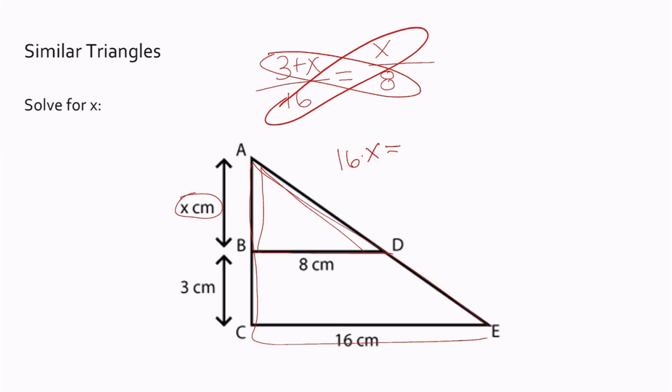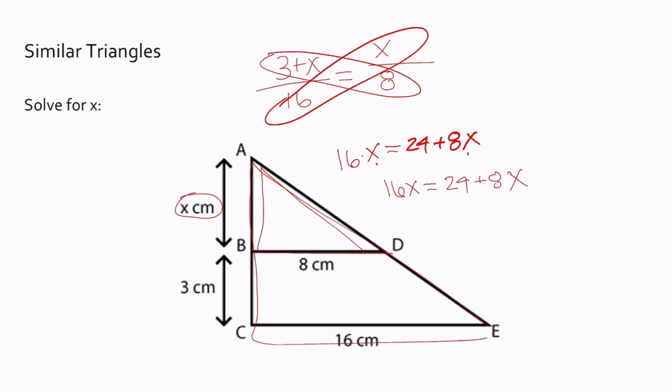So what I really have is 8 times 3, which is 24, and 8 times x, because I still don't know what x is. Well, now I have an x over here and an x over here. So I have 16x equals 24 plus 8x.